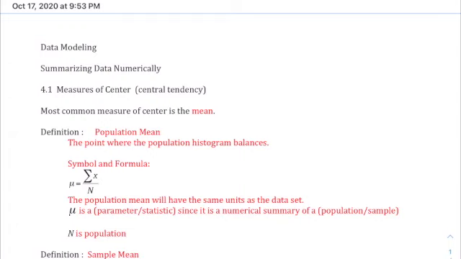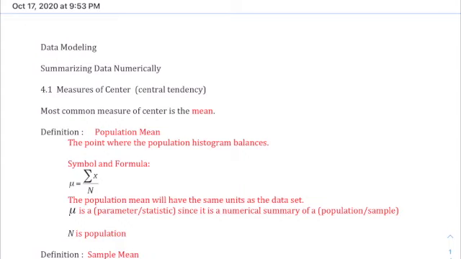Today we are going to talk about measures of center. The most common measure of center is the mean. There are a couple of definitions, and we're going to talk about both.